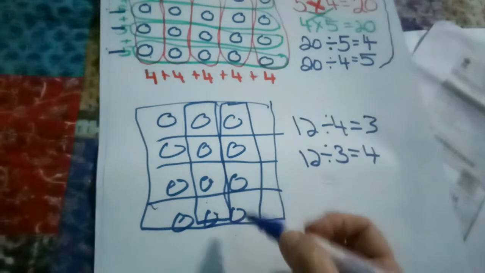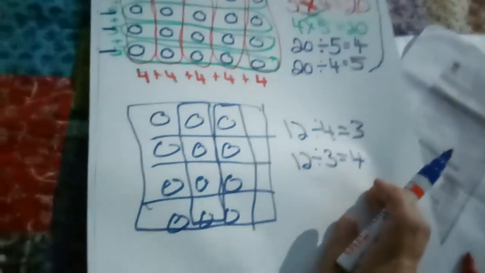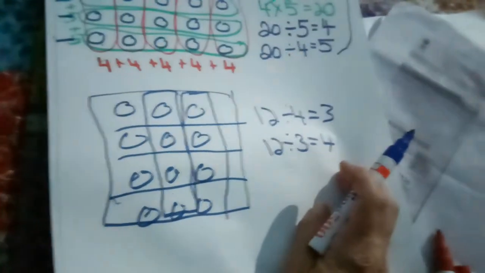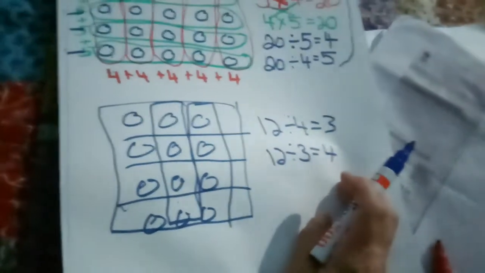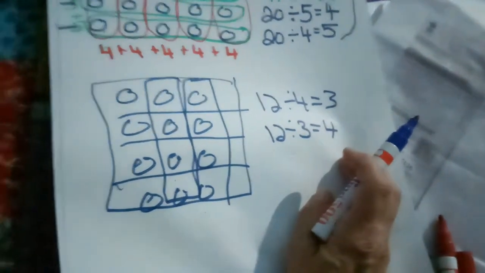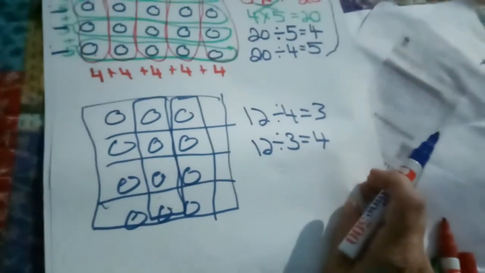Because when I have 3 groups, there's 4 in each group. So an easy way of thinking about that is when you're talking about having a number of marbles or a number of biscuits that you're dividing up amongst different people. That's a good way to look at it.